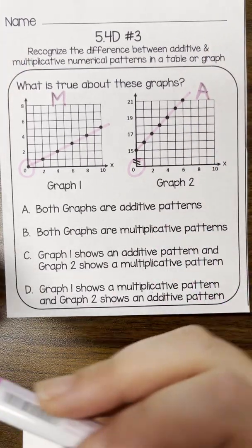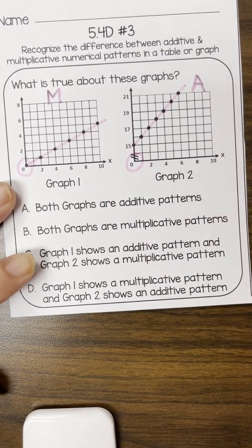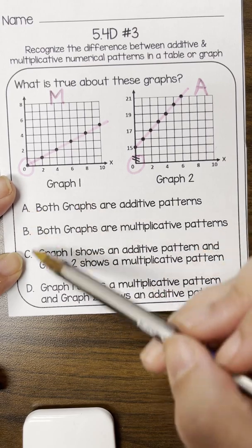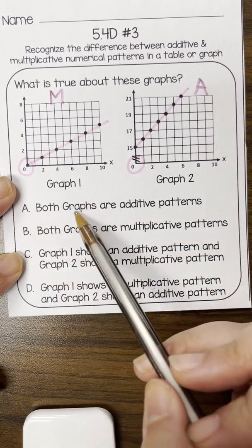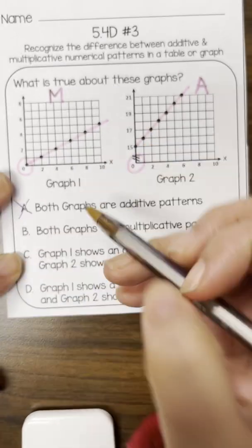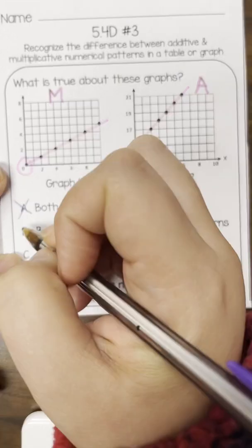So I know that I'm going to be multiplying by something here and adding something here. So let's look at our choices. Letter A says both graphs are additive. That is not correct. Letter B says both graphs are multiplicative. That is not correct.